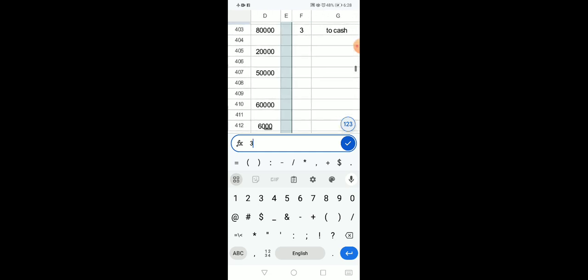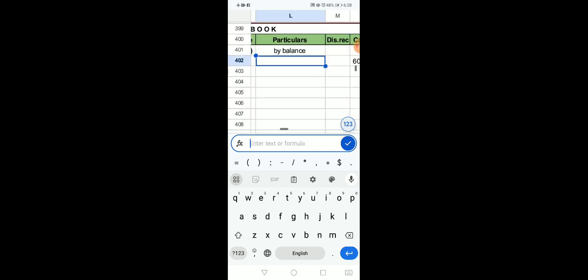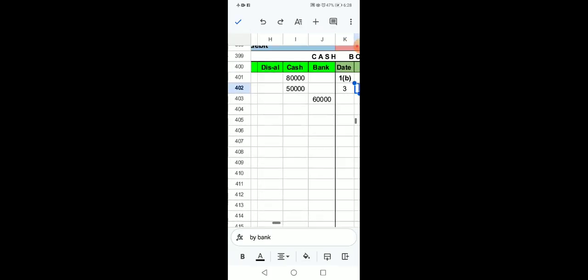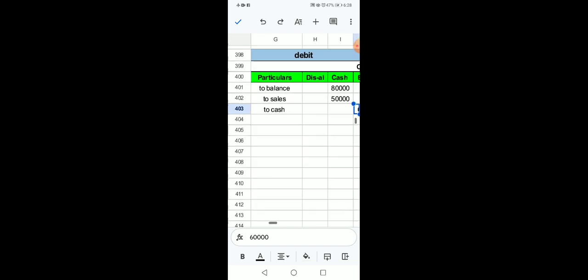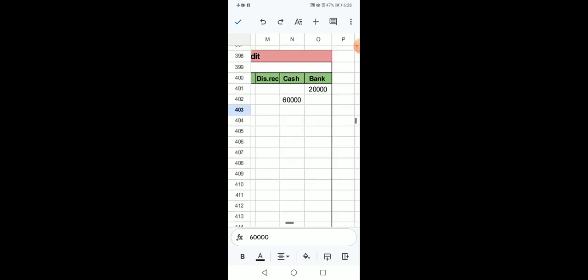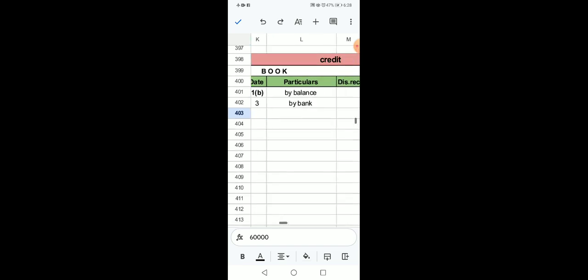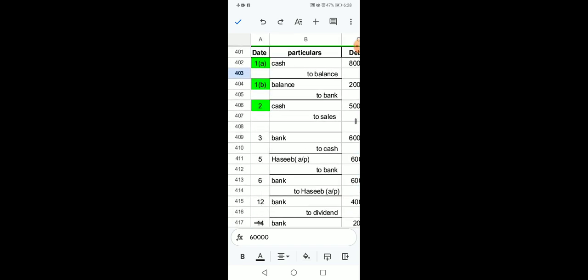Reference is bank. You will write by bank over here. So in this entry, what we have done, 60,000 is being debited and 60,000 is credited in the cash column. 60,000 is debited in the bank column. Dates have been mentioned. Both elements of this transaction have been posted to the ledger. Entry is completed, so mark it as it has been done.